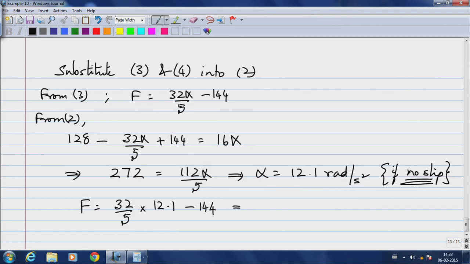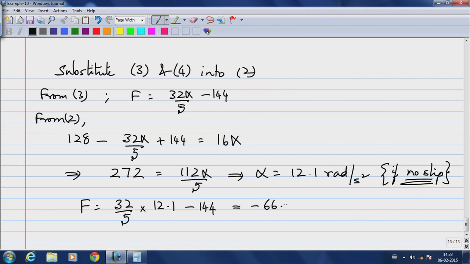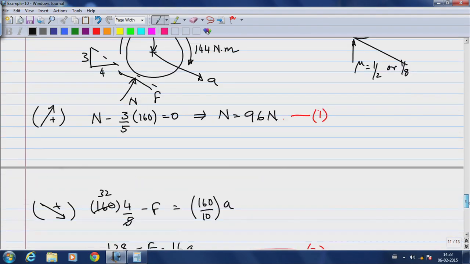So, the required friction is approximately minus 66.2 newtons. Under these conditions, we assumed the friction force acts upwards.